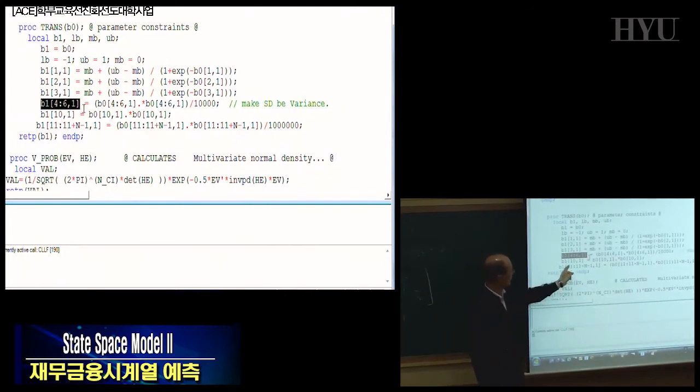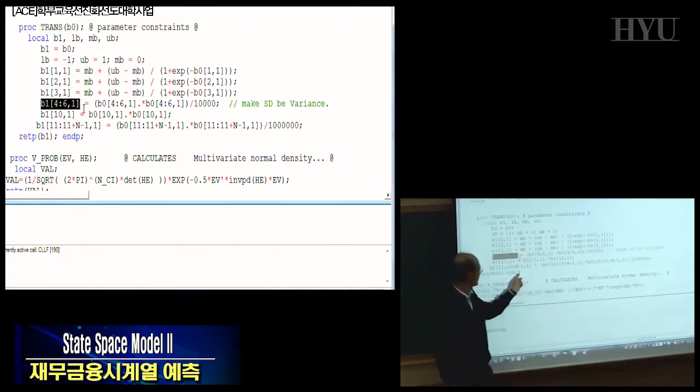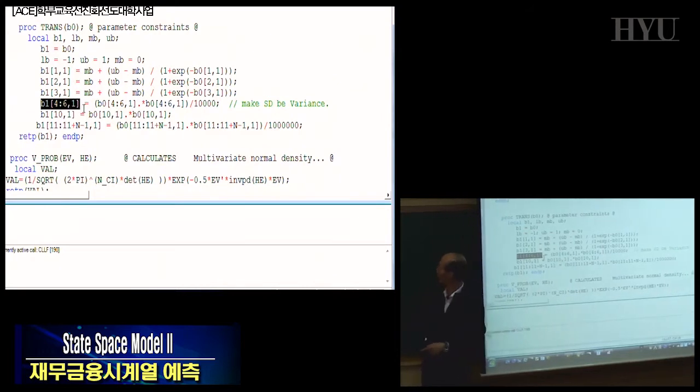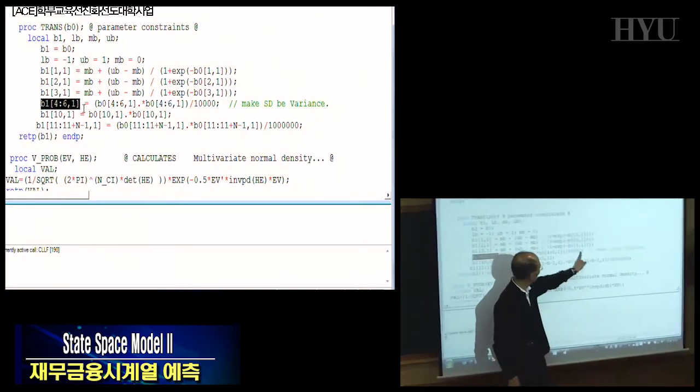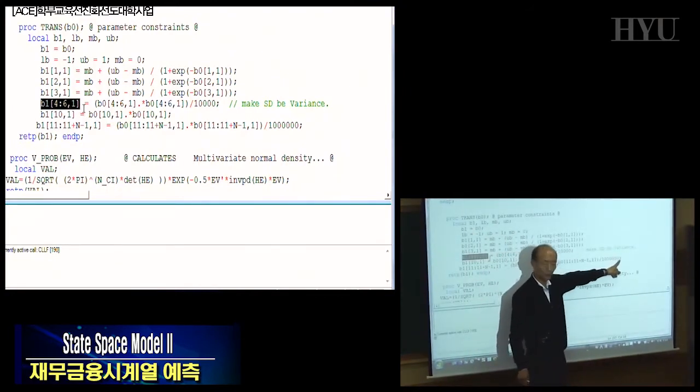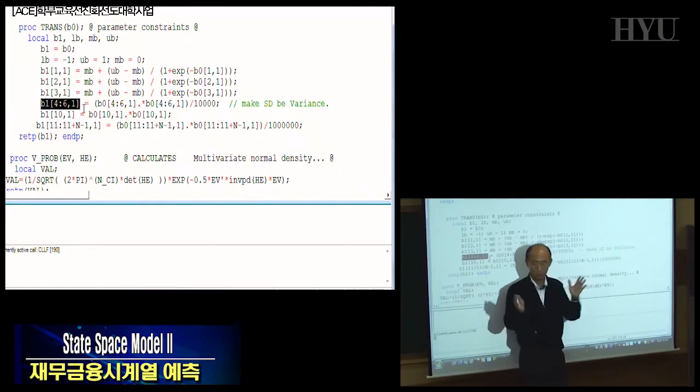So this is going to be their variances. But again, the variance is going to be a very small number, so I have to make it big to make this thing operational. So this time I had to add more zeros to match the scale.